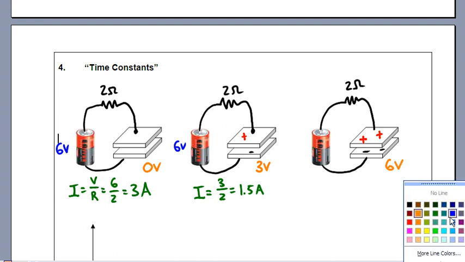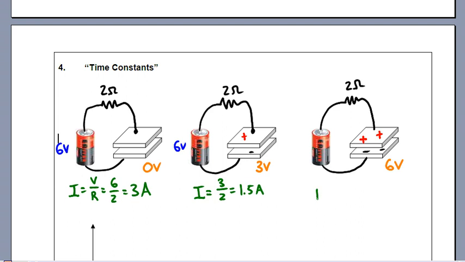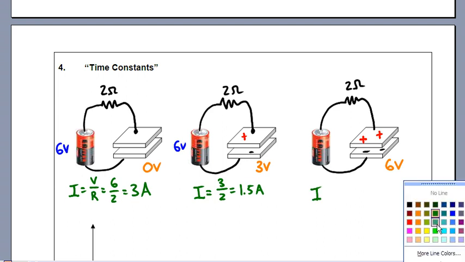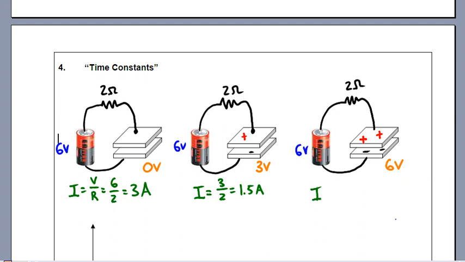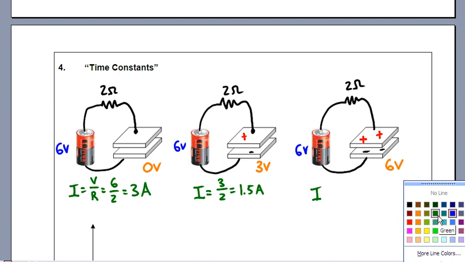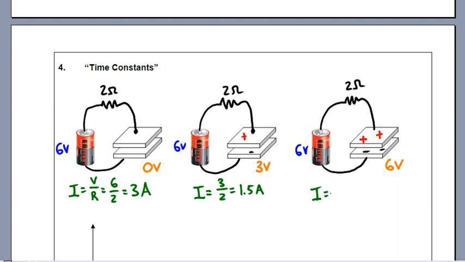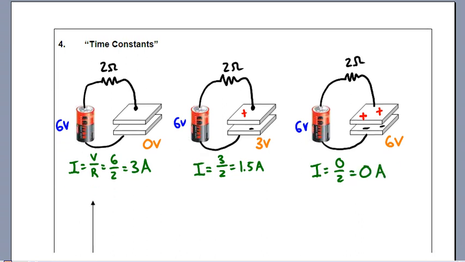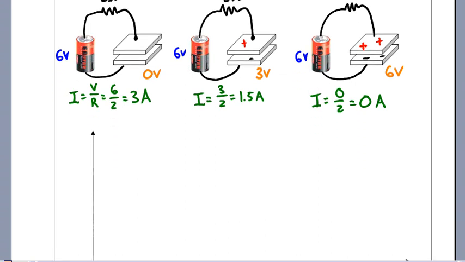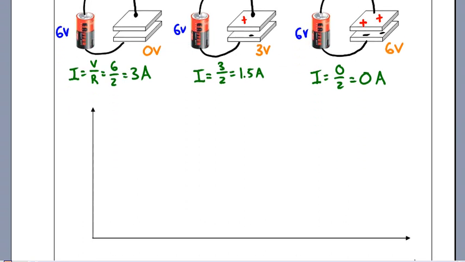And at that point, it will no longer keep charging up because you would have your 6 volt battery, and then you'd have a 6 volt capacitor that's fighting back. So you'd have effectively 0 volts, 2 ohms, you'd have 0 amps. So it charges aggressively at the beginning and then slowly later. So you end up putting a lot of Q on at the beginning and then slowly later.